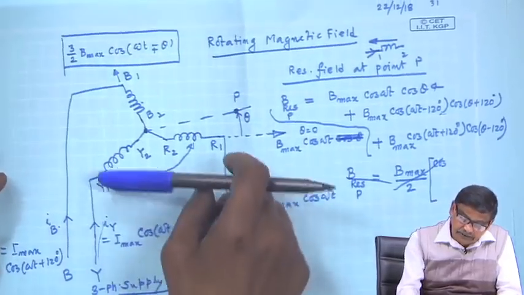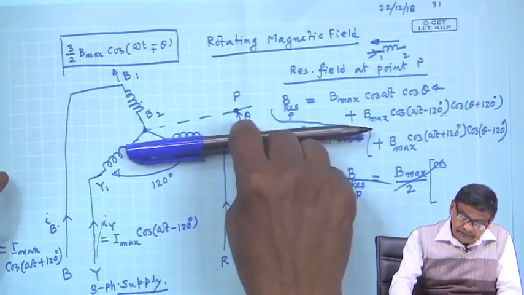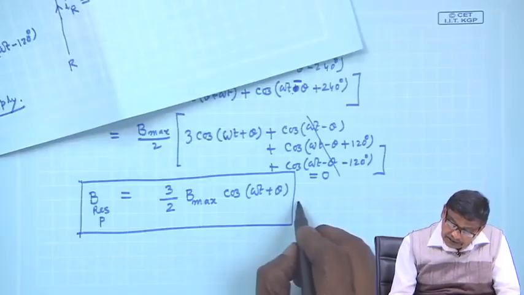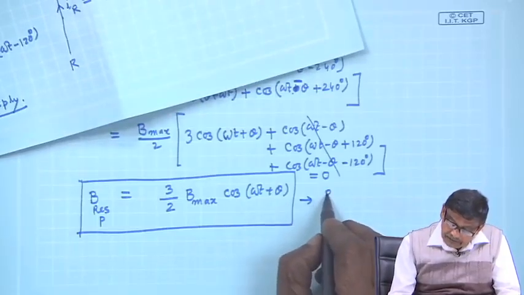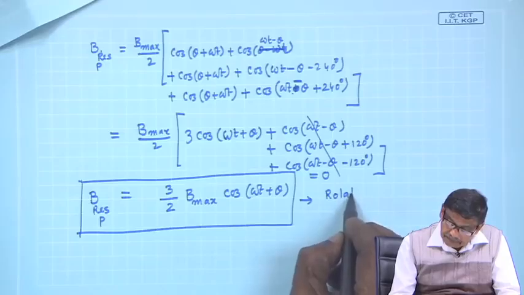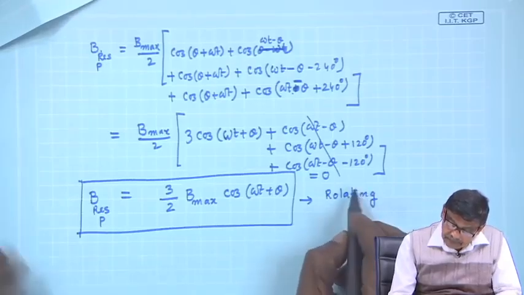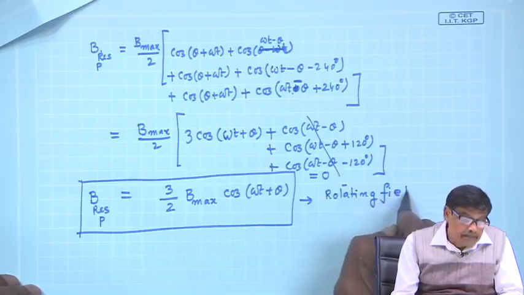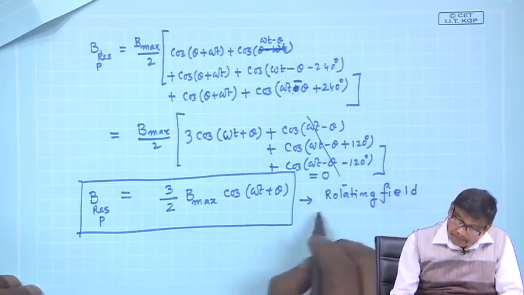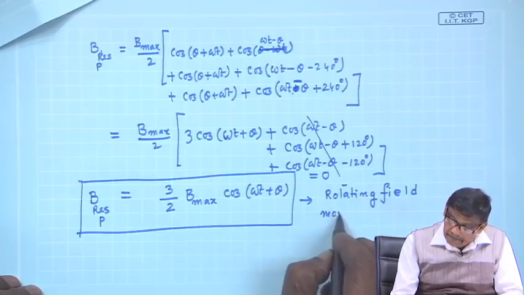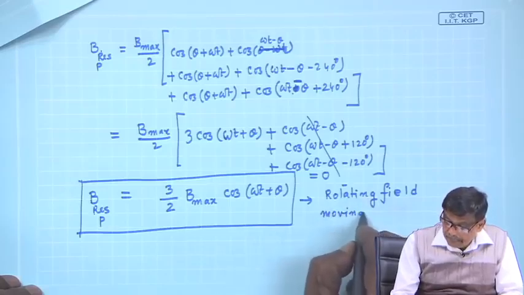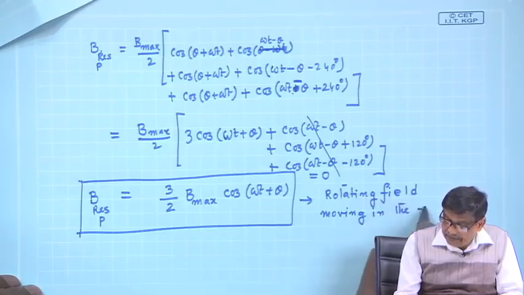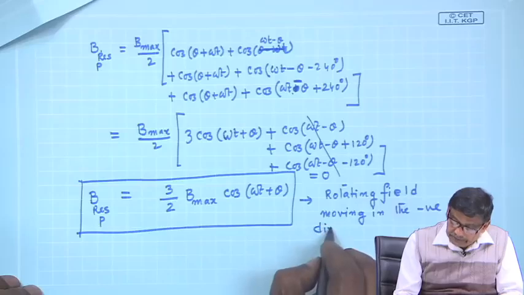Okay. At theta equal to 0 it was here, and it will be moving. So, it is a rotating field moving in the negative direction of theta.